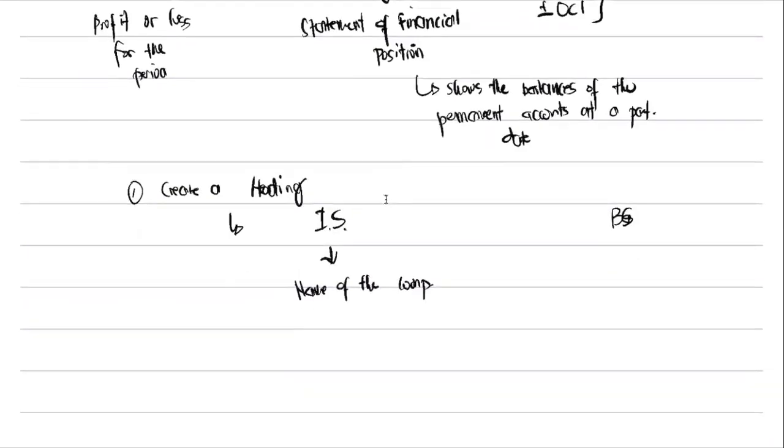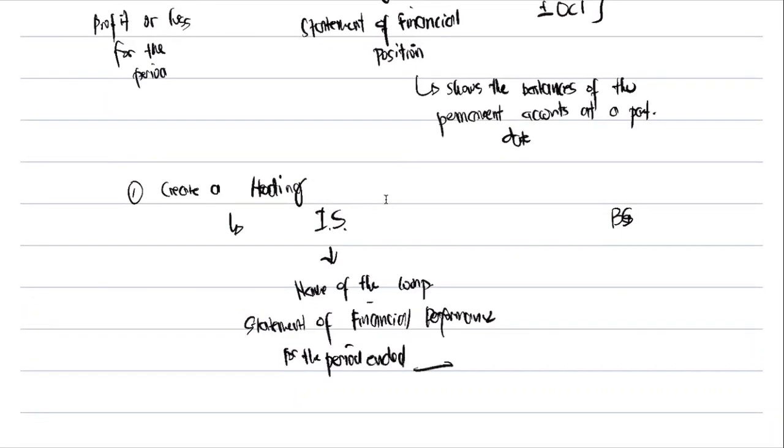Then after the name of the company, you place your statement of financial performance, or you can make use of statement of comprehensive income. And we have here for the period ended, and then the date of the period.